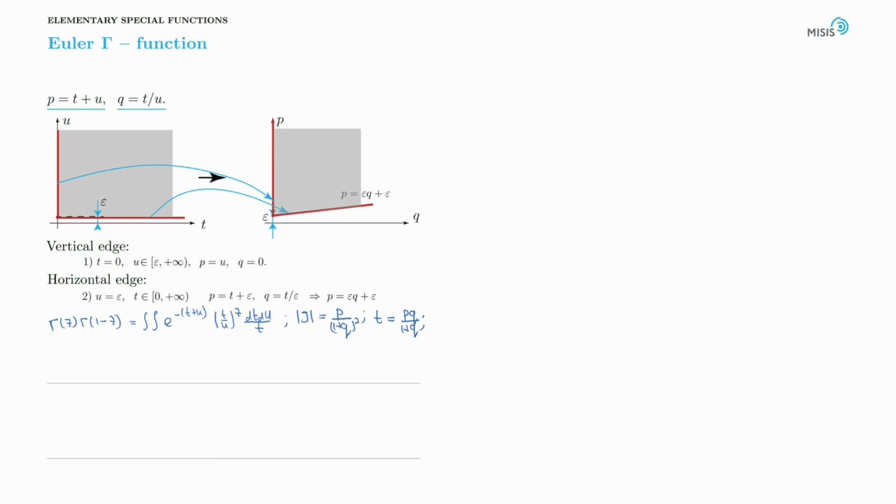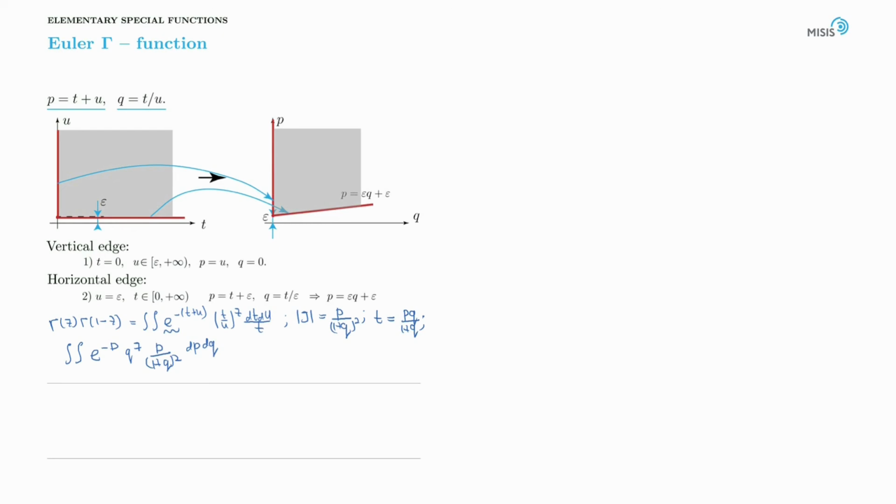So we plug them in, and our product of the gamma functions is transformed into, so exponential is turned into e to minus p, obviously. T over u is changed to q to z. dt du is changed to modulus of the Jacobian, which is p over 1 plus q squared times dp dq.